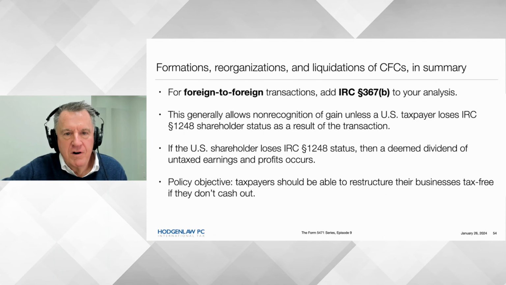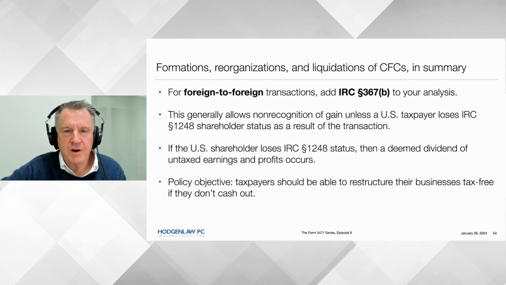For foreign to foreign, you do the normal kind of 368 stuff. And true confessions, if you feel brain damaged when you're trying to understand 368 reorgs, welcome to the club. I have to draw little pretty pictures to myself and go really slow before I understand what's happening. So I feel your pain.